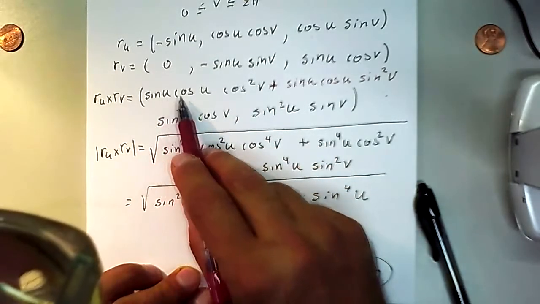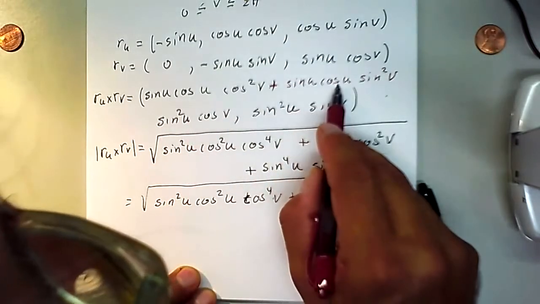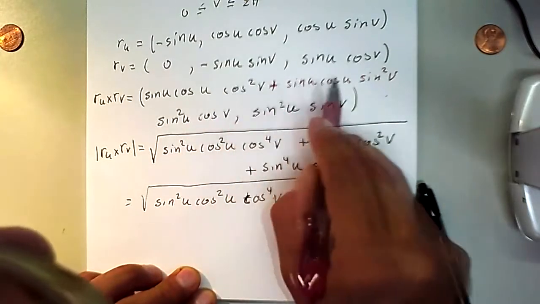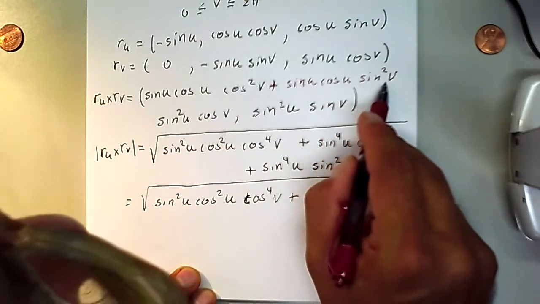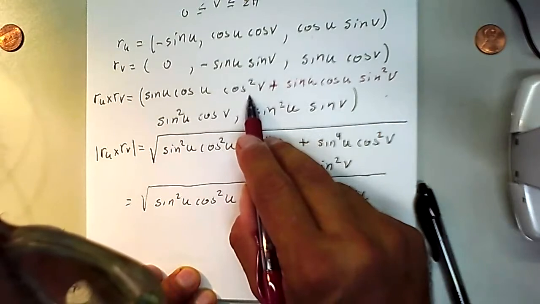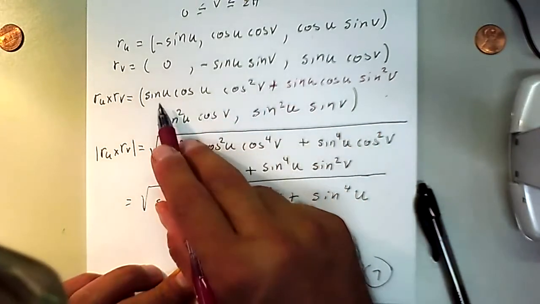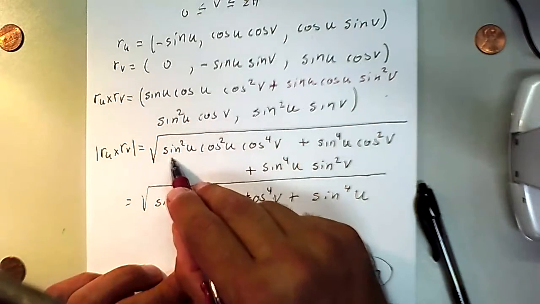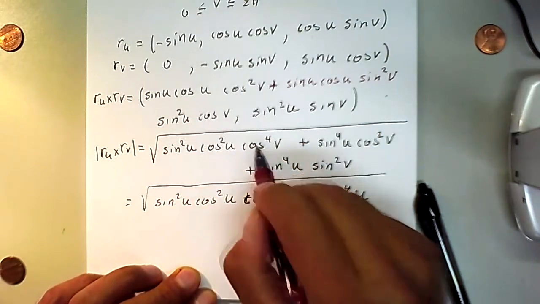Now we have sine u cosine u sine u cosine u, which may be factored out. What is left is sine squared of v and cosine squared of v, which add up to 1. So we end up with sine and cosine of u only, without this term.